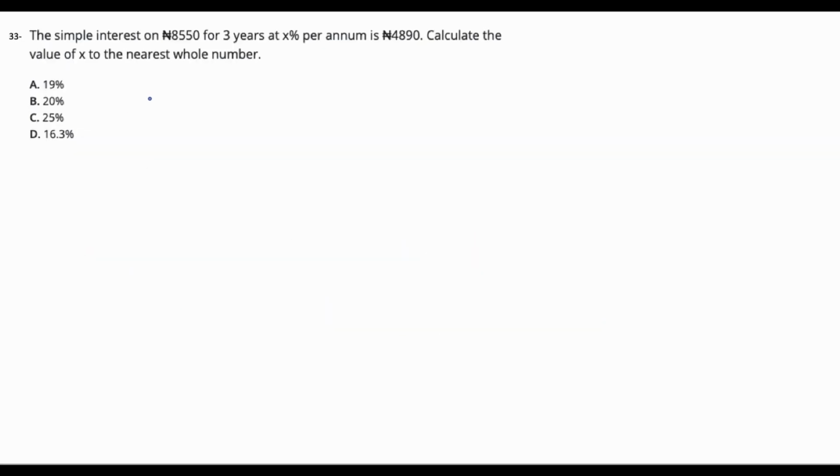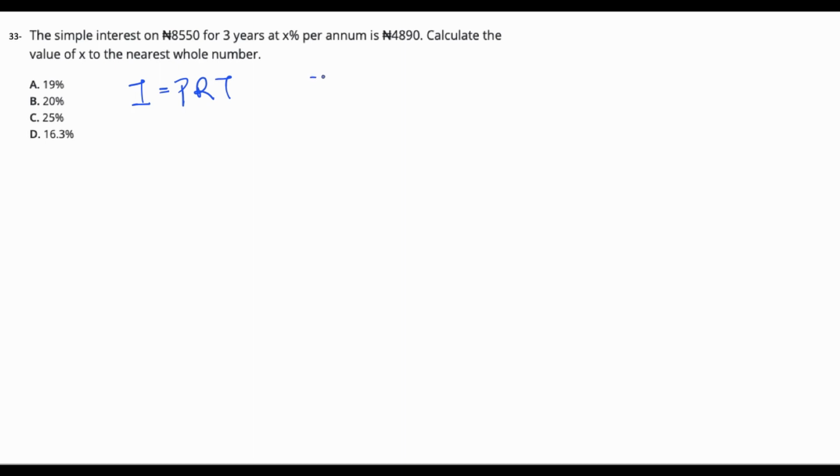Question 33 says the simple interest on 8,550 naira for 3 years at X% per annum is 4,890 naira. Calculate the value of X to the nearest whole number. So the formula for simple interest is principal multiplied by rate multiplied by time.